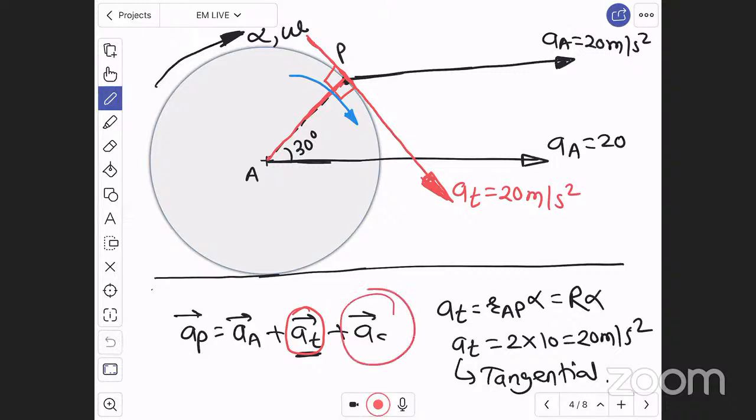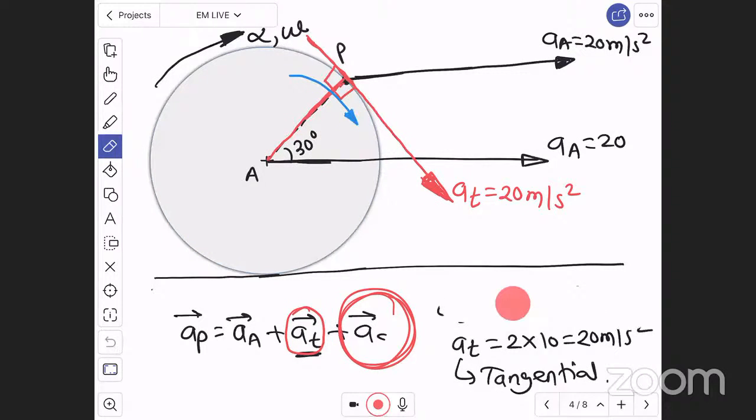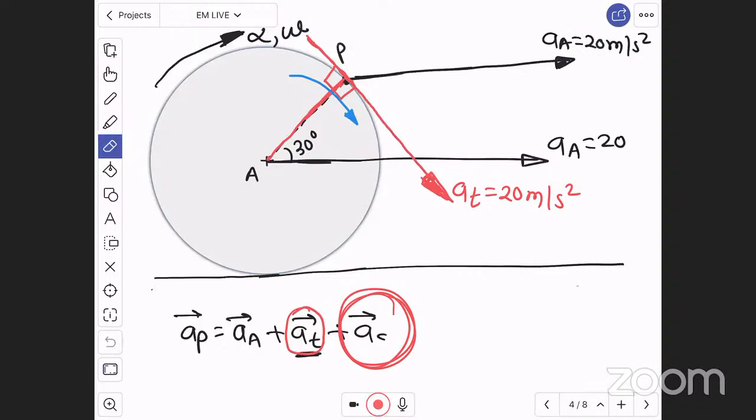As well as there is centripetal acceleration, and centripetal acceleration is towards the center along the radius. So let us find centripetal acceleration. This AC is nothing but the distance between A and P times omega square. You have studied this in 12th as well.